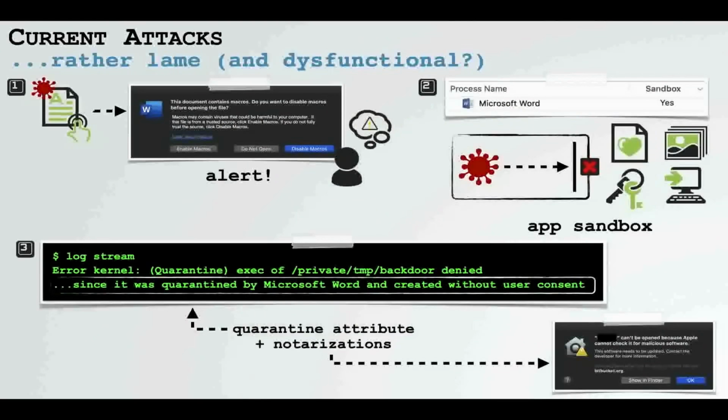Let's list the ways. First, for any of these attacks, when the user goes to open the document, there's a huge alert warning them that this document contains macros, and they probably should not allow them. The user basically has to click enable. Most won't, which means these attacks will fail immediately out of the box. Macro code will never even be run.